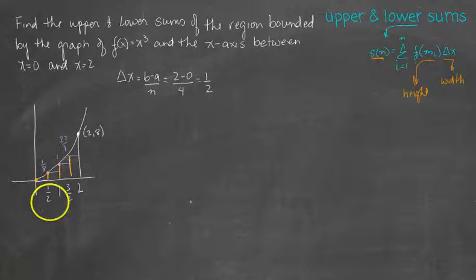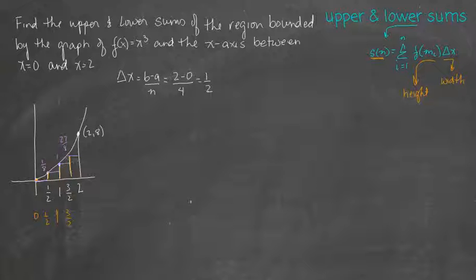So the input values for the lower side of the partition start at 0, then 1/2, then 1, then 3/2. These are the input values for our lower height, for each partition in turn.